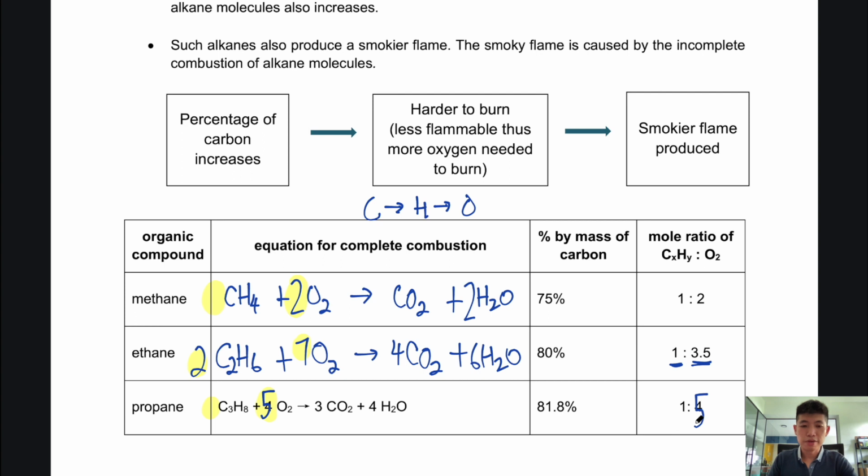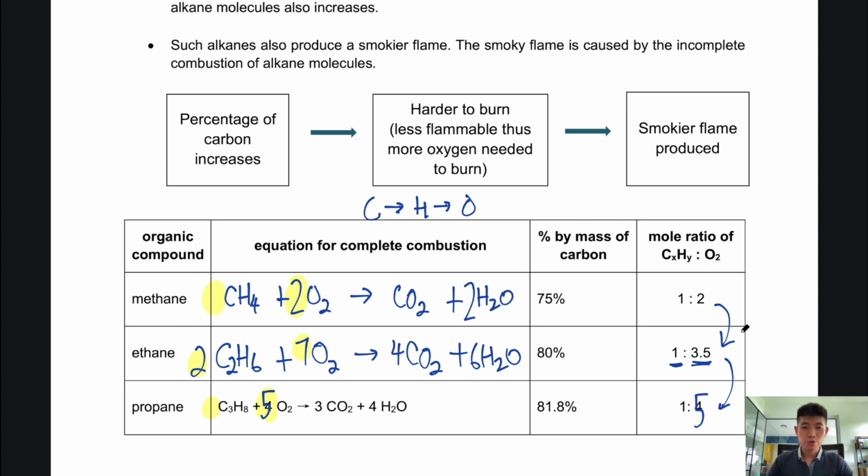And for this, we need 5 oxygen molecules. So as you can see, the larger the hydrocarbon, the more carbon atoms there are, the harder it is for complete combustion to happen because there is a greater amount of oxygen needed to have complete combustion.